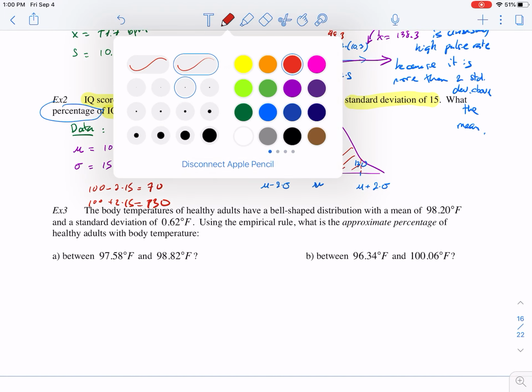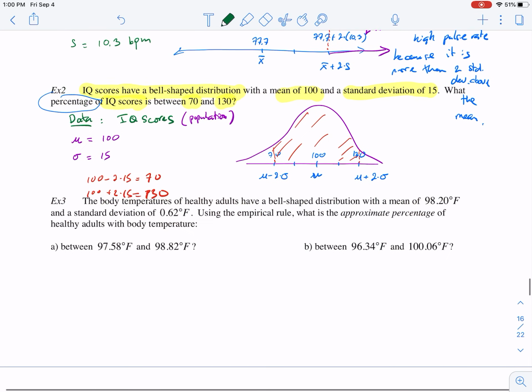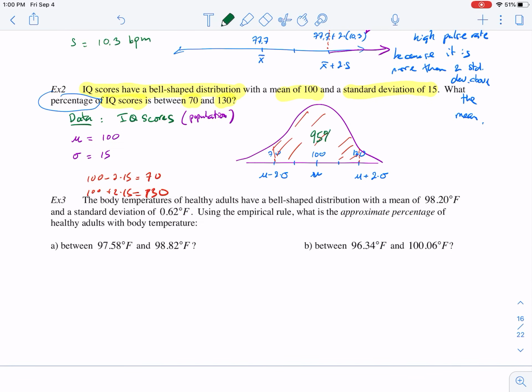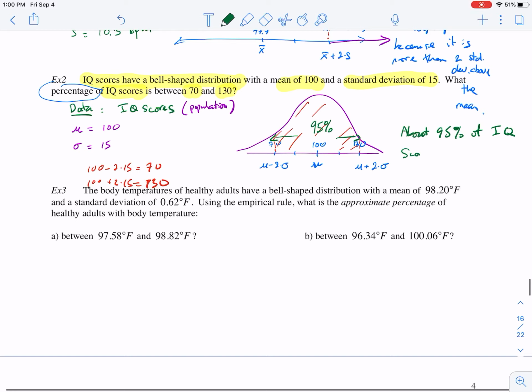So according to the empirical rule, if it's within 2 standard deviations above or below the mean, that's 95%. So we say 95% is from there to there. To answer this question, about 95% of IQ scores are between 70 and 130.